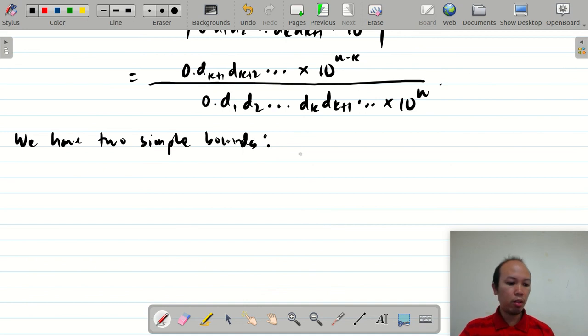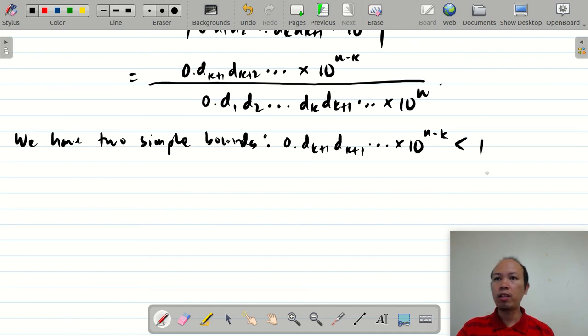So for the numerator, we know that our numerator can be bound as times 10 to the n minus k. This is less than 1. Okay, that's very clear. You can ask yourself, why is it less than 1? And for the denominator, we have 0 point d sub 1, d sub 2, d sub k.